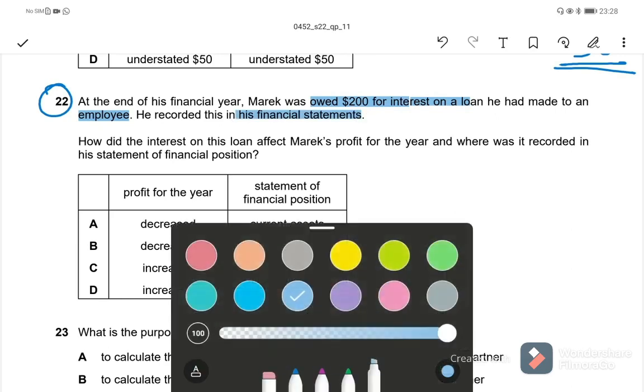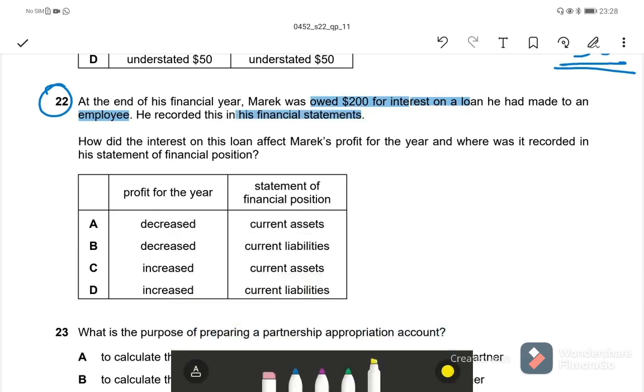How did the interest on the loan affect Marik's profit for the year, and where was it recorded in the statement of financial position? Interest is an income, so it will be entered in the income statement.